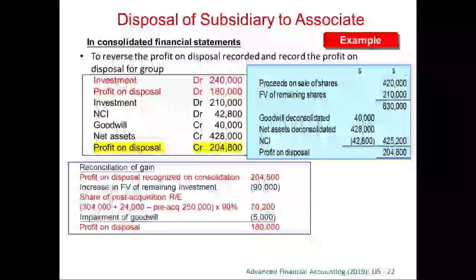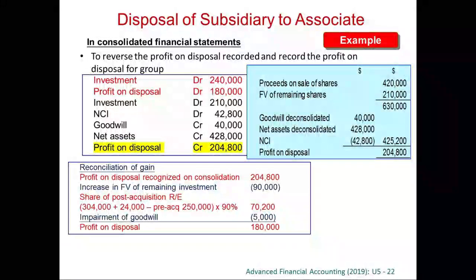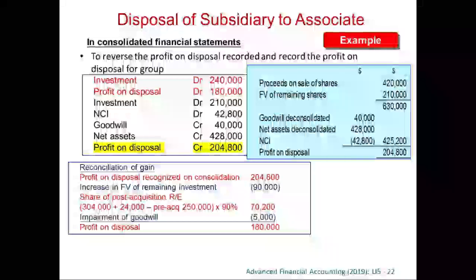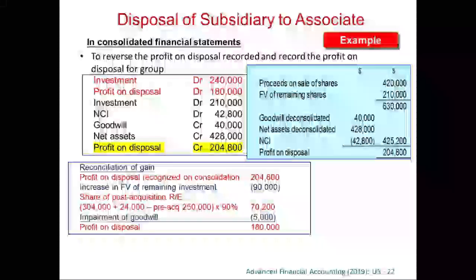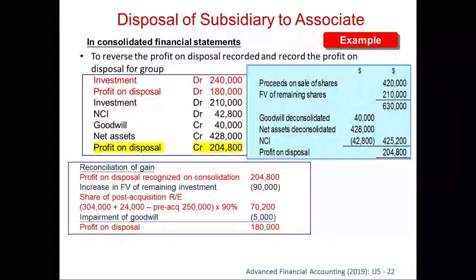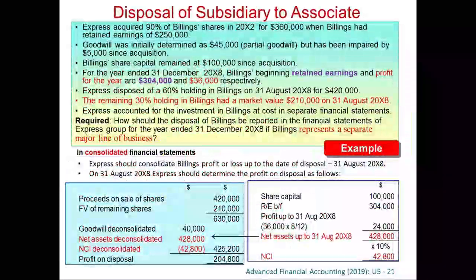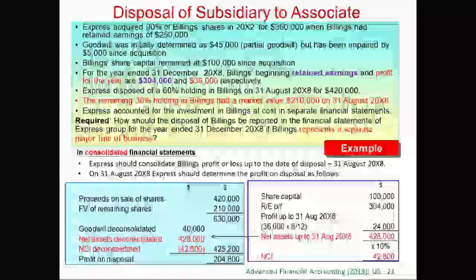But there's one further adjustment, because there can be many adjustments, right? Because you got those amortization of fair value adjustment, all the consolidation adjustments will affect also, right? Anyway, but here we got one more adjustment because you have got an impairment of goodwill. Because the question says that goodwill has been impaired by 5,000.